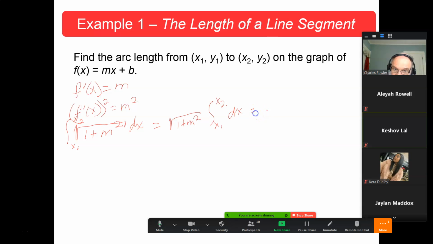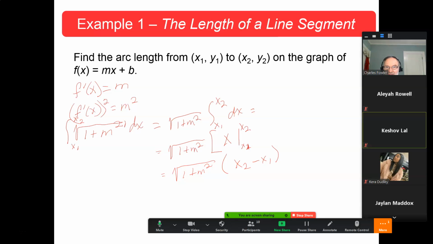Well, the integral of 1 dx is just x evaluated from x1 to x2. And that would be the square root of 1 plus m squared times x2 minus x1.